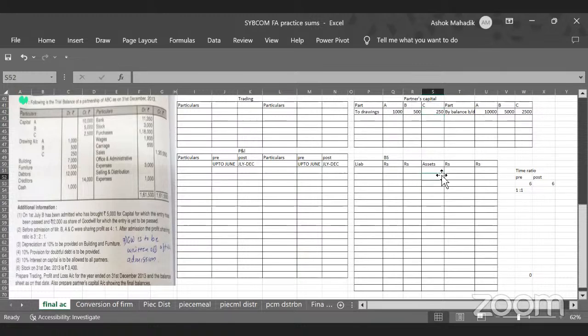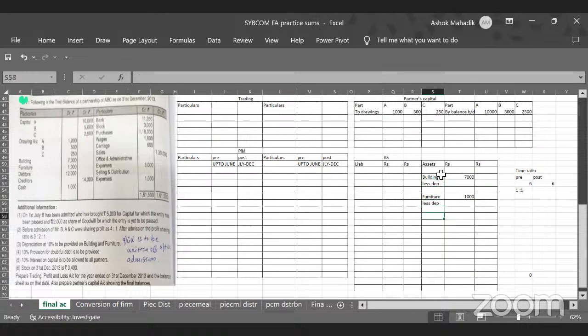So I'll write building. Since depreciation is there, I'll put 7,000 in the inner column and leave a line for depreciation. Then furniture is given, right? Furniture amount is 1,000. Again, I'll provide a line for depreciation.